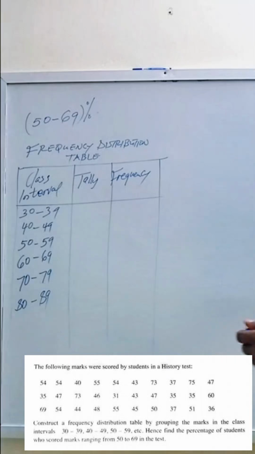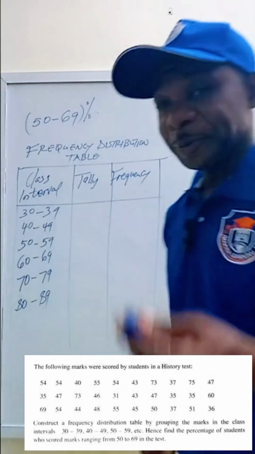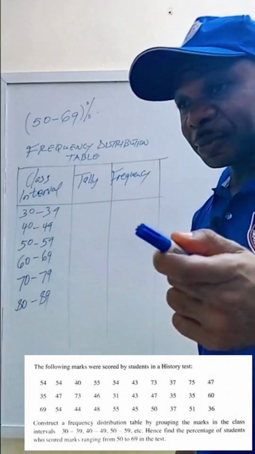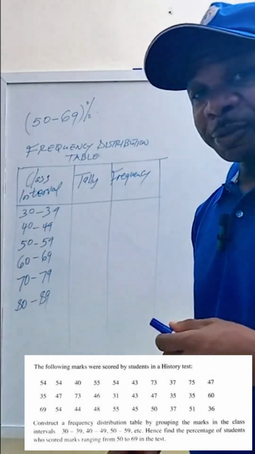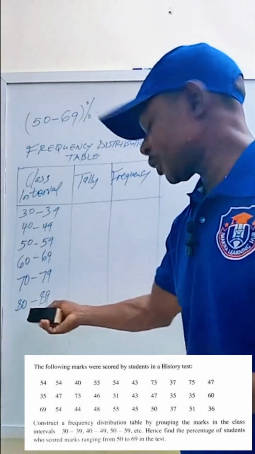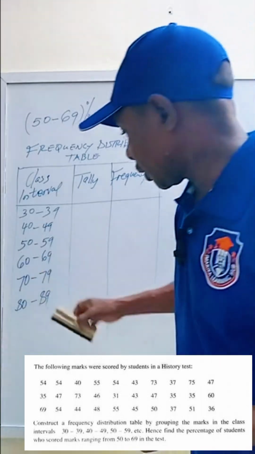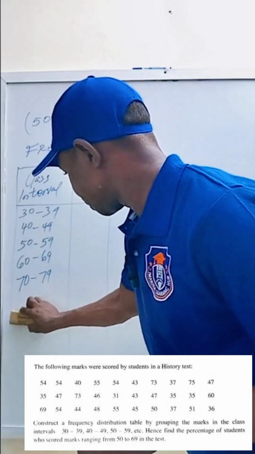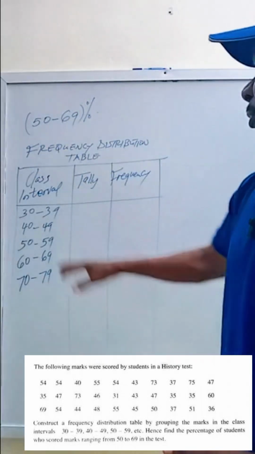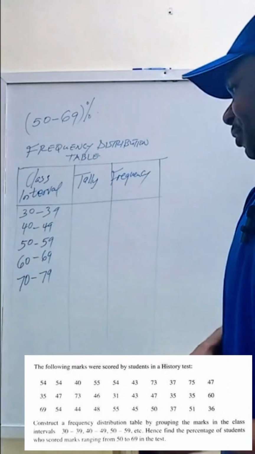According to me, 80 to 89 is not there, so there is no need to include this interval since it's not in the list of our marks. So I'm removing this one. So these are the intervals we have.